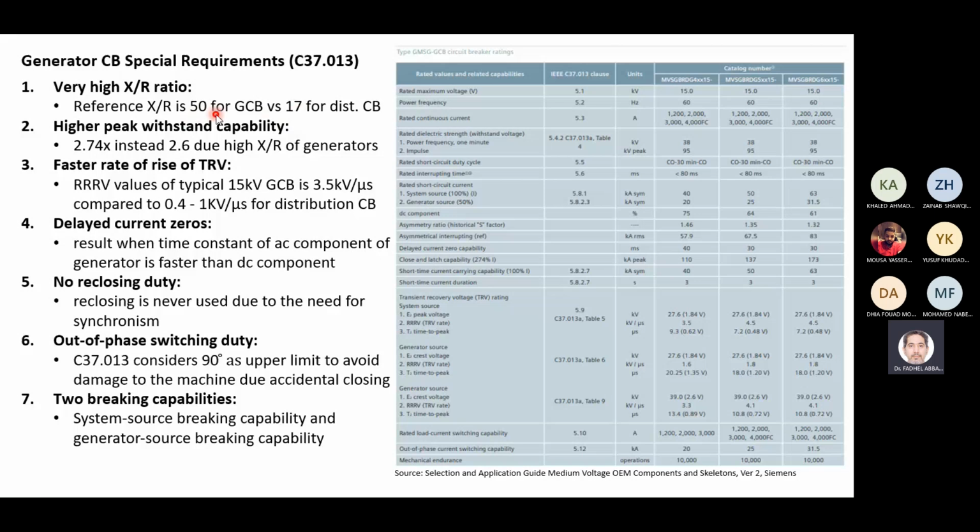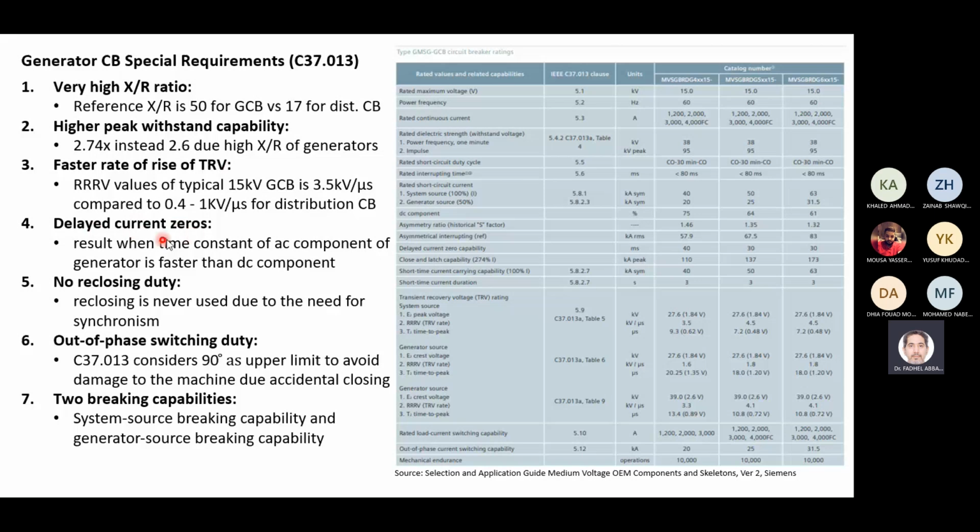They have a higher peak withstand capability, 2.7 instead of 2.6 for the X to R ratio. This is the peak value, 2.6 times the rated symmetrical rating. They have a faster rise of TRVs, and they have delayed current zero.